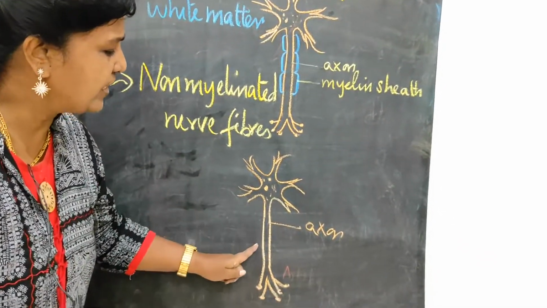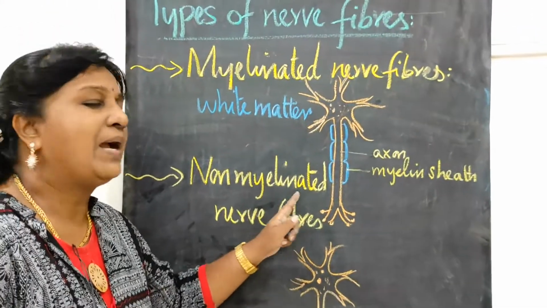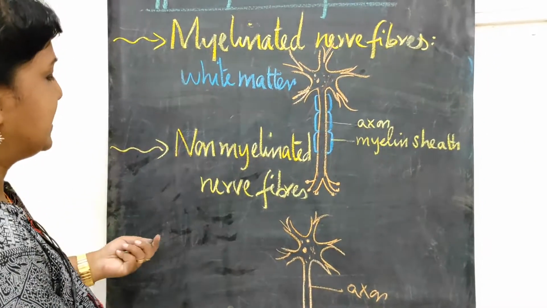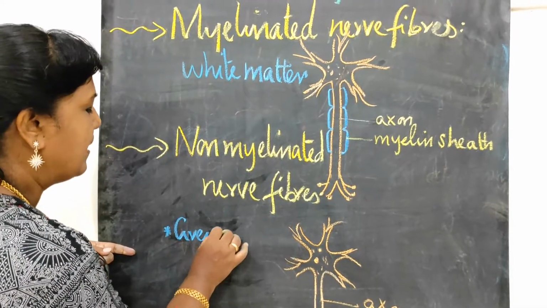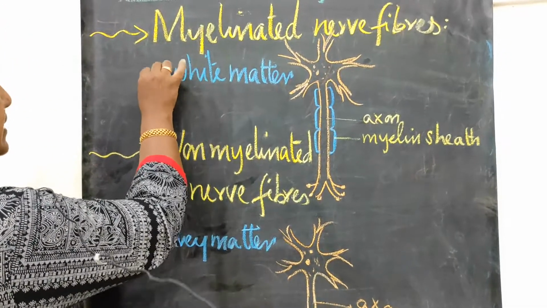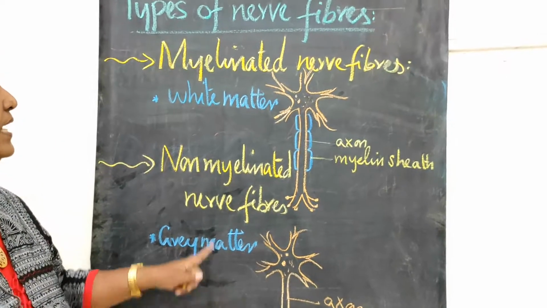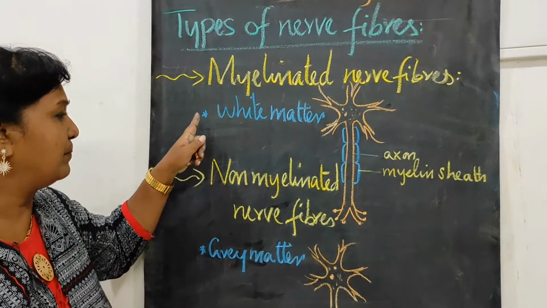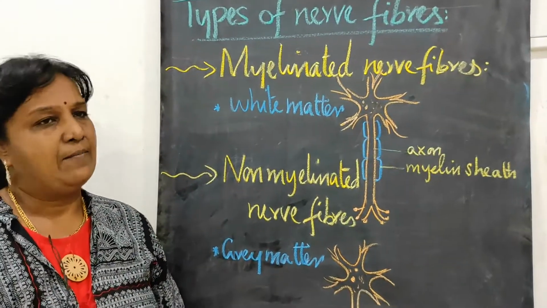These non-myelinated nerve fibers are seen in the gray matter of the brain. And myelinated nerve fibers are seen in the white matter of the brain, and non-myelinated are seen in the gray matter of the brain.